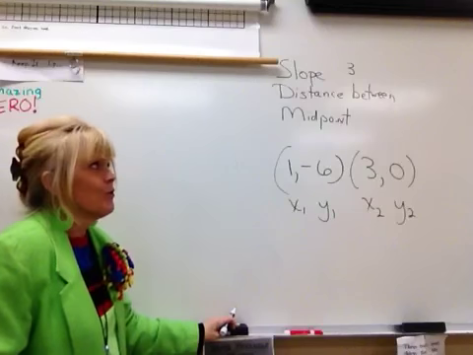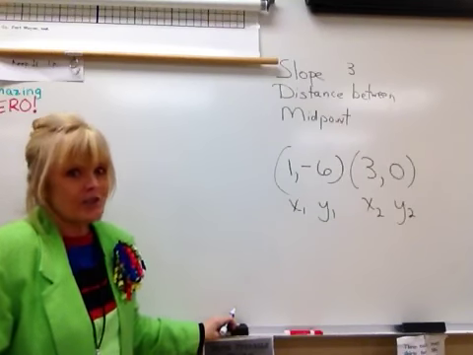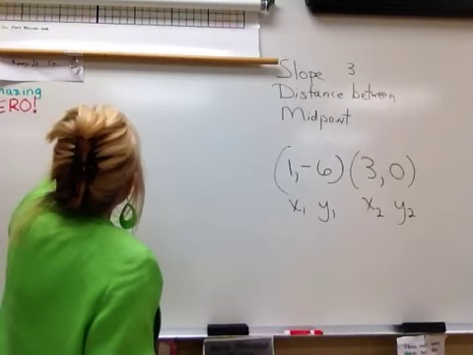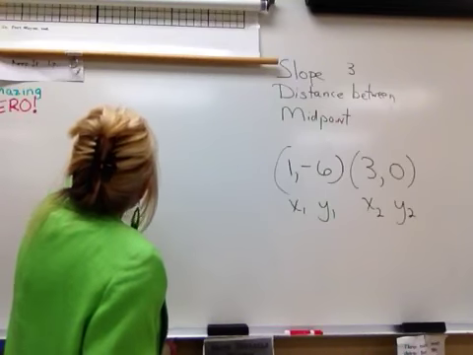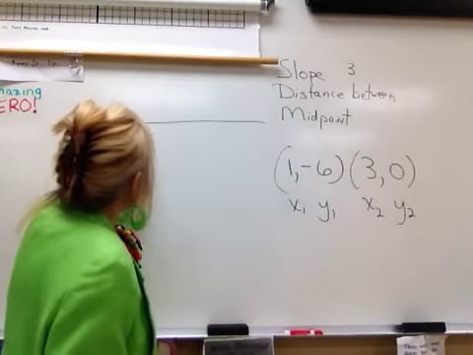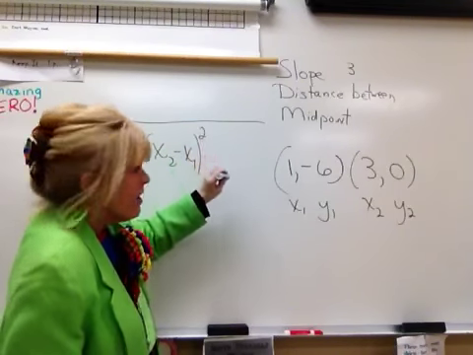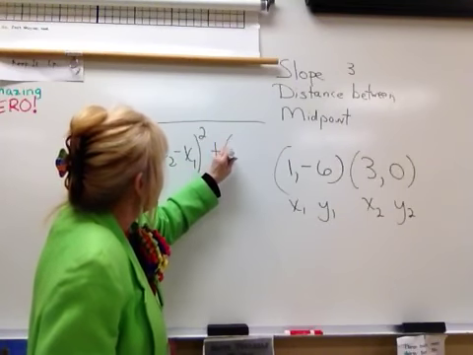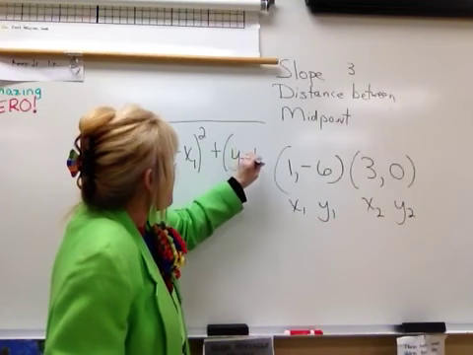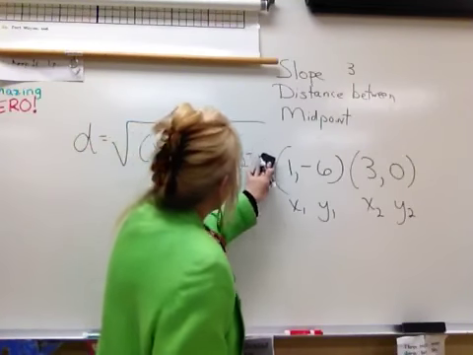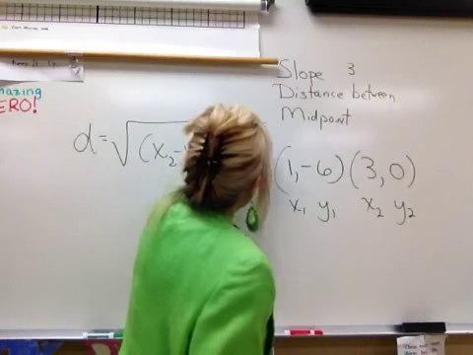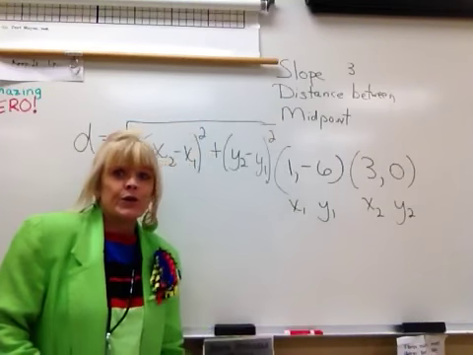And boy, this new formula is a monster. It's huge. Distance equals the square root of the quantity x2 minus x1 squared plus the quantity y2 minus y1 squared.